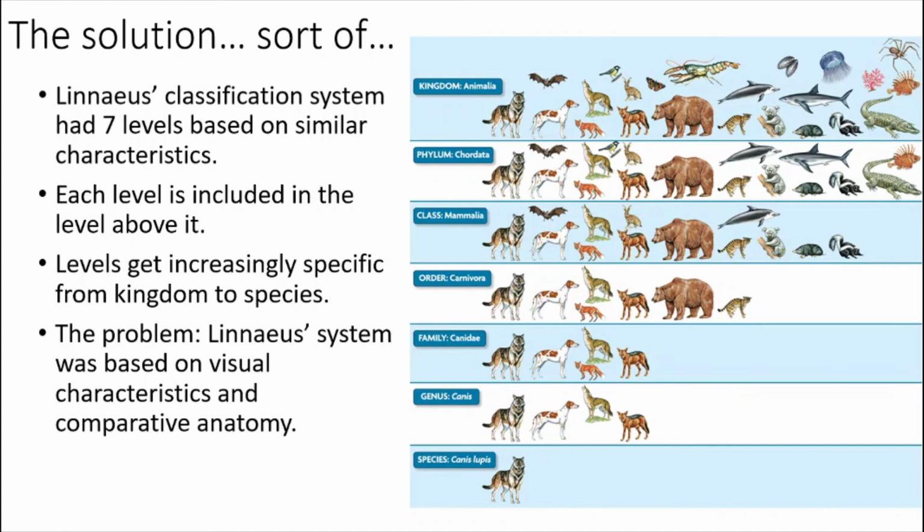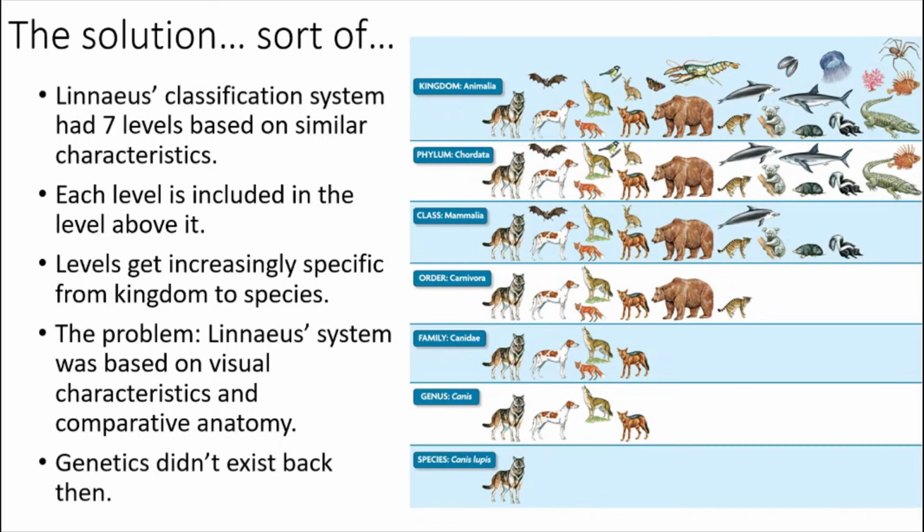Now, there is a problem with this system. It's based almost entirely on visual characteristics and comparative anatomy. This is because genetics didn't exist in Linnaeus's time. As a matter of fact, the entire area of genetics within science is only a few decades old.